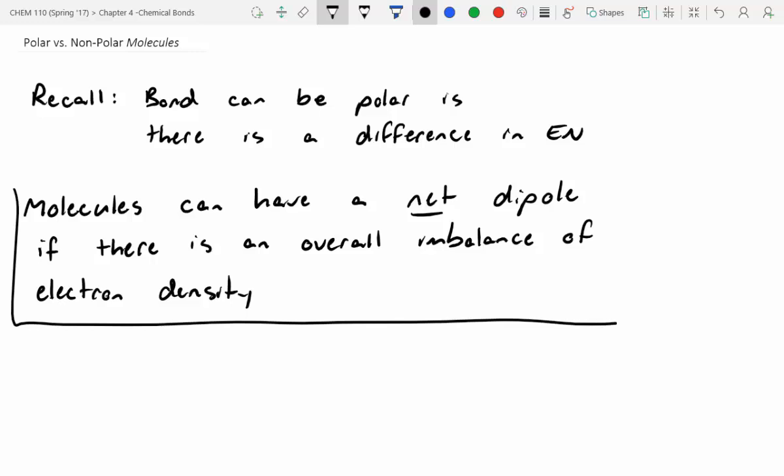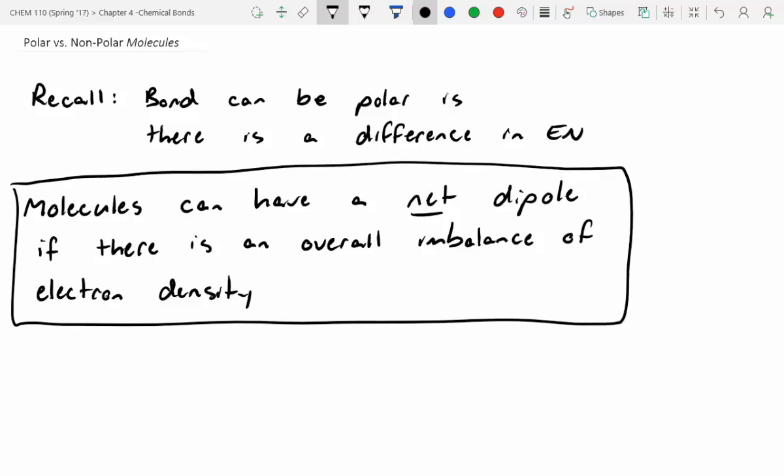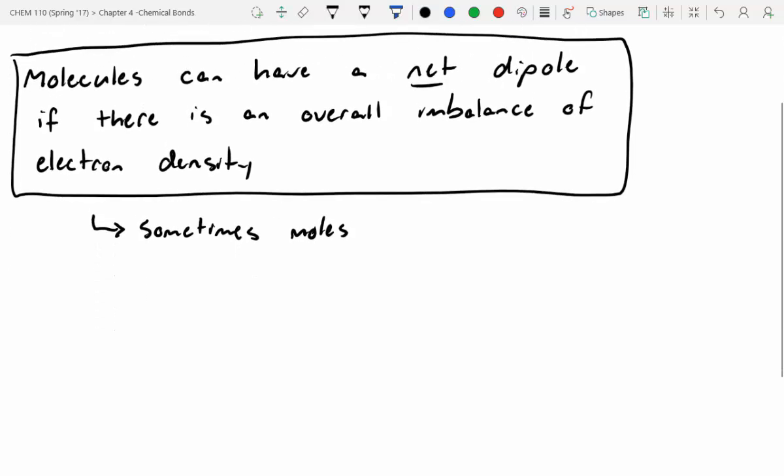Okay, so that's a key thing. The big thing to watch out for is sometimes molecules have individual dipoles within their bonds, but they cancel out.